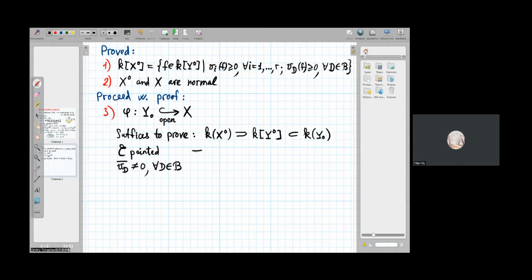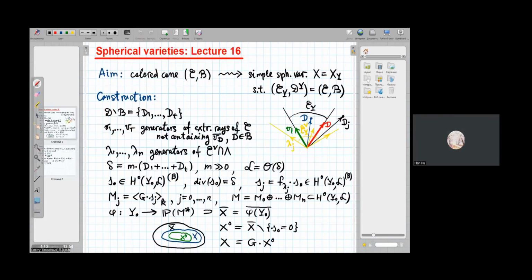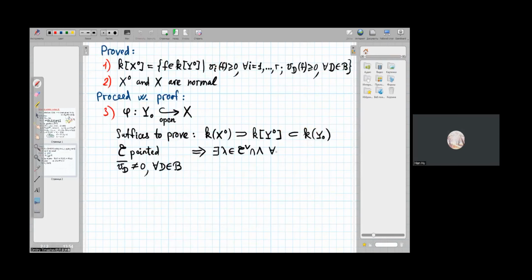And this implies that there exists a lattice vector lambda in the dual cone such that for any of the vectors V1, ..., Vr, so for any i ranging from 1 to r, the pairing of Vi with lambda is strictly positive.